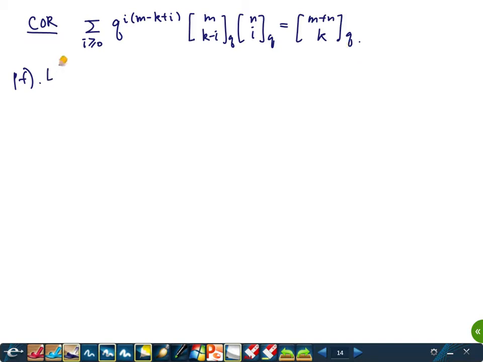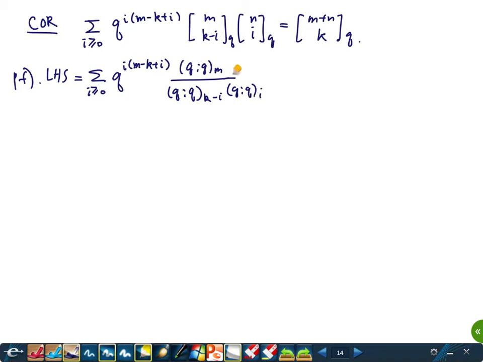Okay, so first step, we need to express this as a q-hypergeometric series. All right, what is the left-hand side? The sum of [m choose k-i]_q times [n choose i]_q, and here [n choose m-k+i]_q.